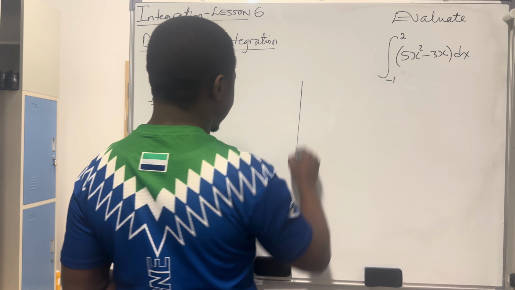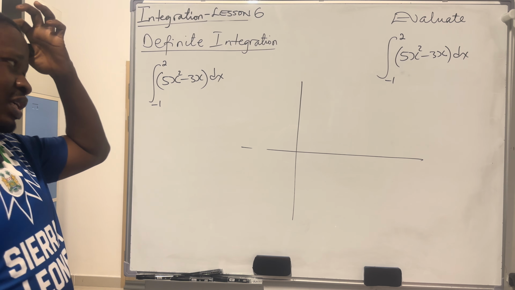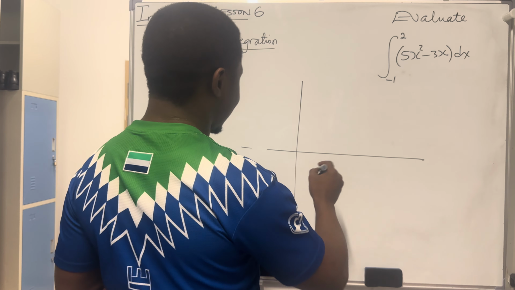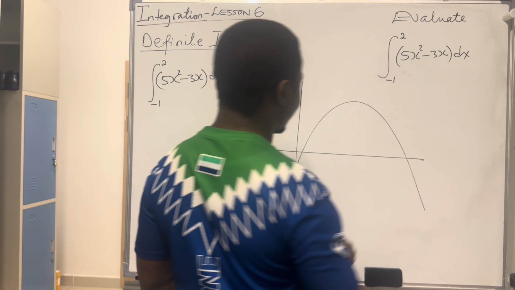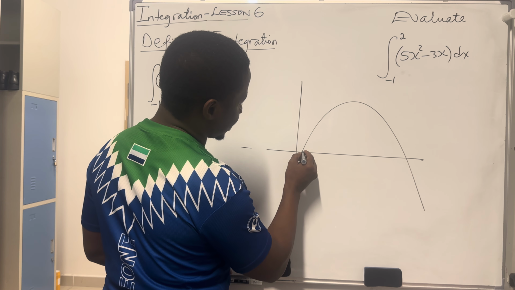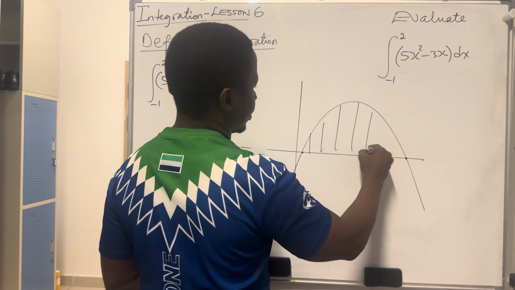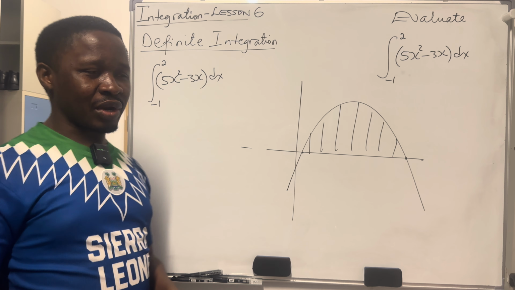This is like, for example, we have a function. For instance, let's say we have a quadratic function like this, and from this point to this point, just a simple scenario.